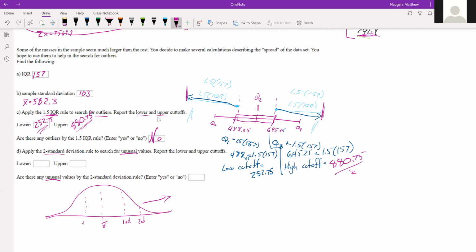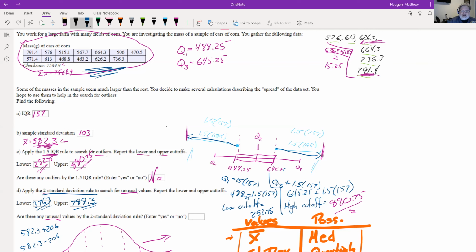There's nothing lower than that 376, but there is something higher than the 788. That 791.4 is outside that 2 standard deviations. So is there any unusual data up there? It's an outlier.